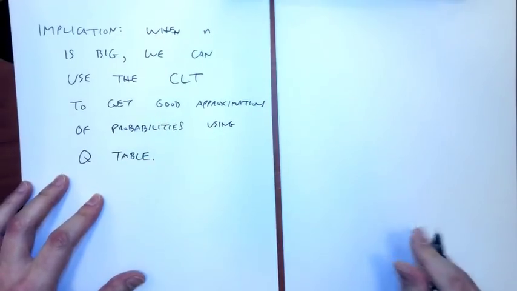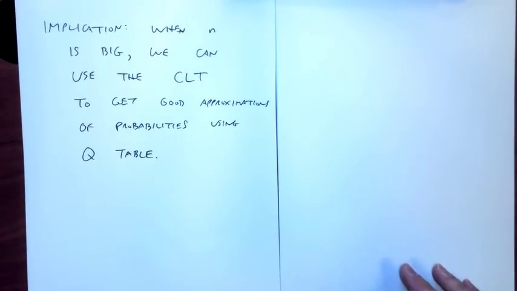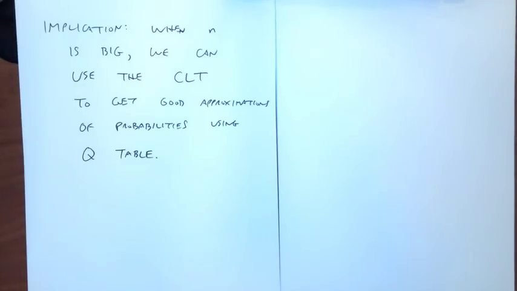The Q table is the table of values of the Gaussian CDF, and that's all we need, okay?